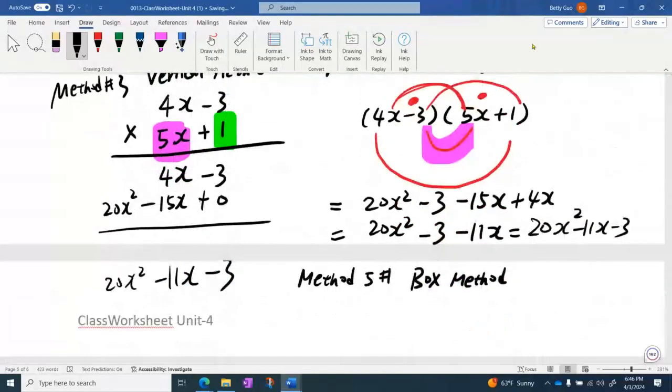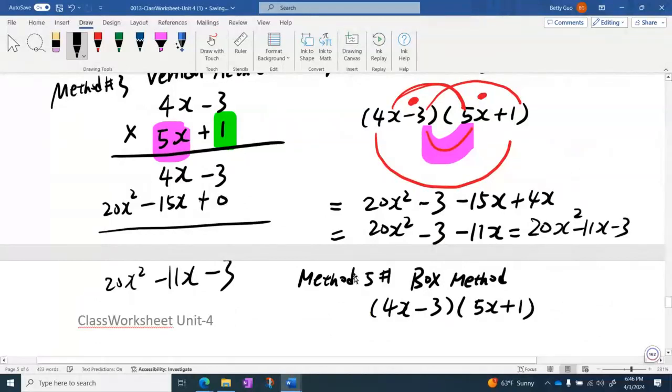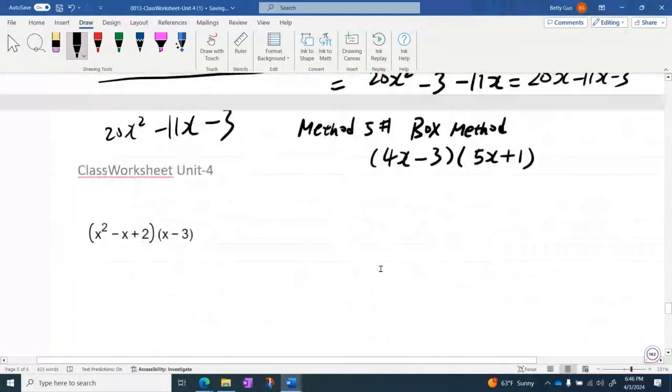We are multiplying 4x minus 3 with 5x plus 1 using the box method. So firstly, the first polynomial is a binomial. The second polynomial is also a binomial.